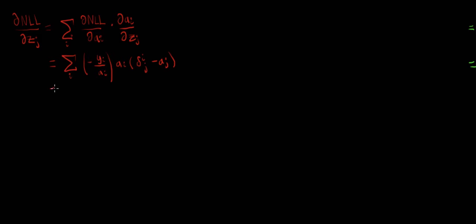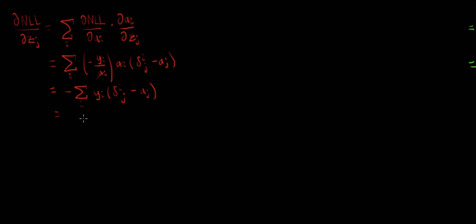Okay, so what is this? This negative sign can go outside the sum. So we have negative sum over I, and then these AIs cancel. So we just have yi times delta ij minus aj. Okay, we can simplify this further. I'm going to break this sum up into two pieces, because this sum is distributive.